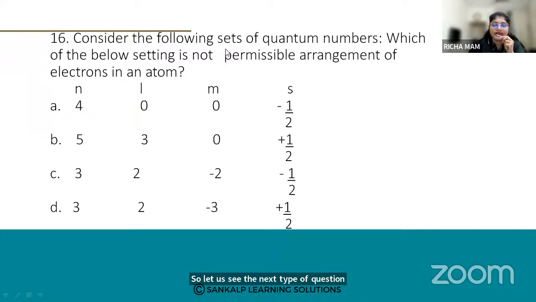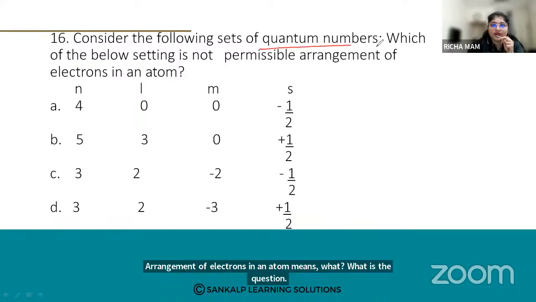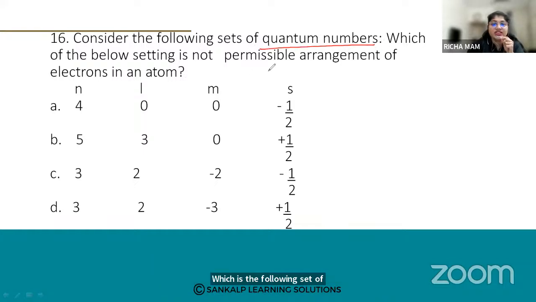Consider the following sets of quantum numbers. Which of the below sets is not a permissible arrangement of electrons in an atom? What is the question? Which arrangement is not possible? Not permissible means not possible.